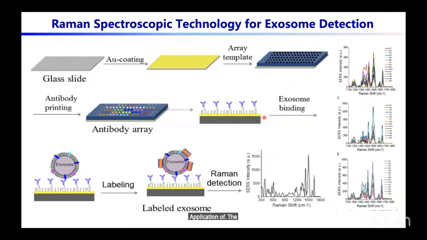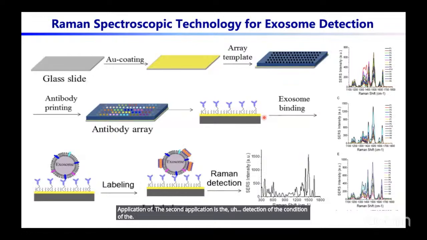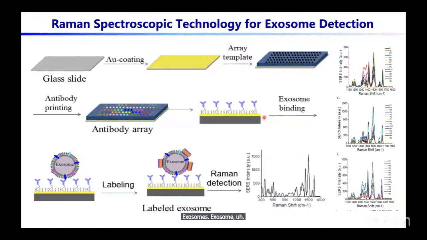The second application is the detection of the condition of exosomes. Exosomes are internal materials secreted by, for instance, stem cells.